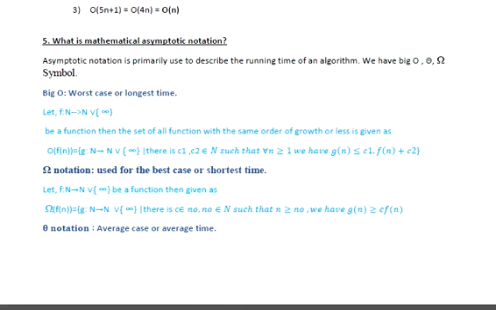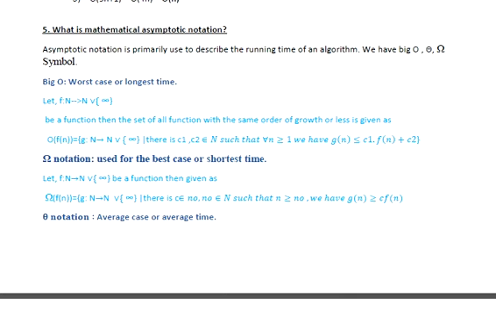We have the omega notation, where f is a function and g is a function such that we have some constant c and n naught which belong to the natural numbers, such that for n greater than n naught, g of n is greater than c of f of n.